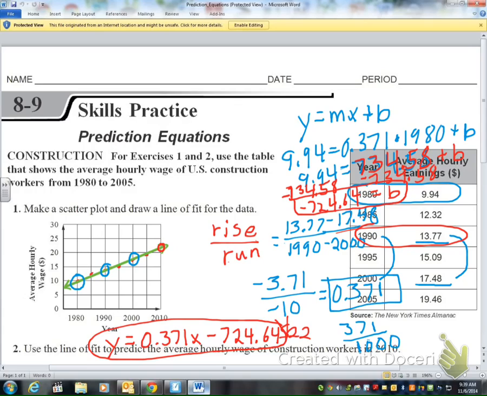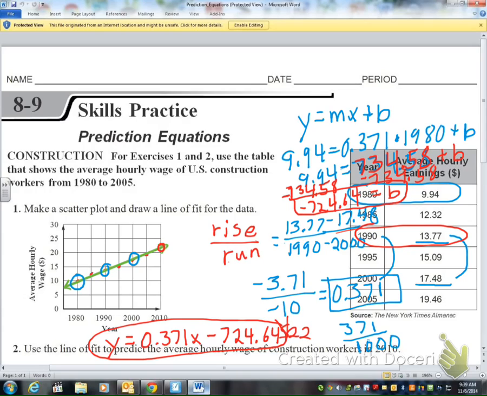Well, that means x is 2035, so plugging into the formula, I have 0.371 times 2035 minus 724.64.